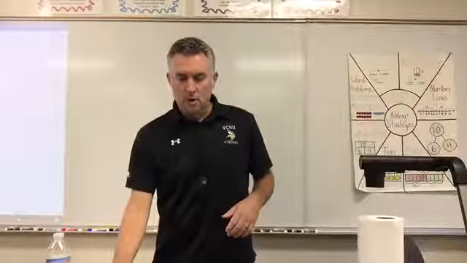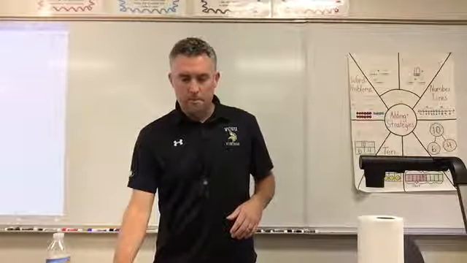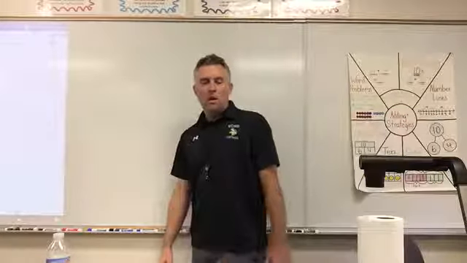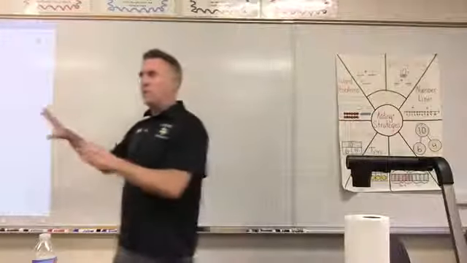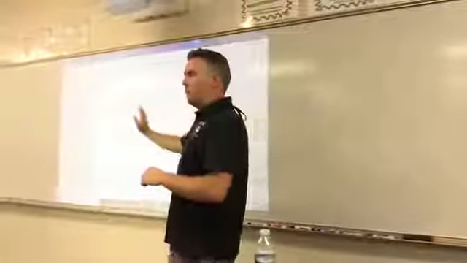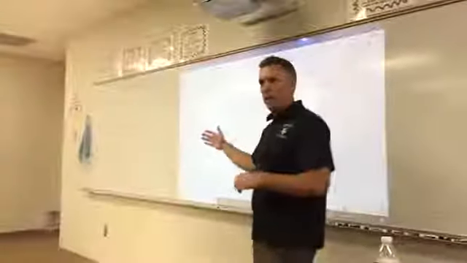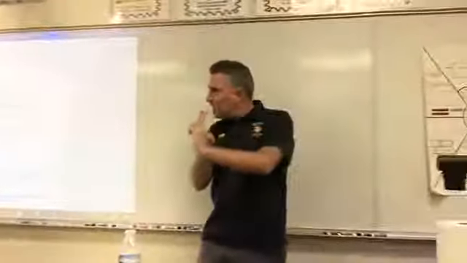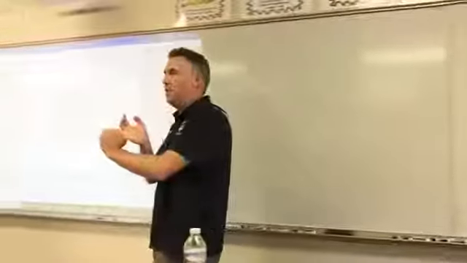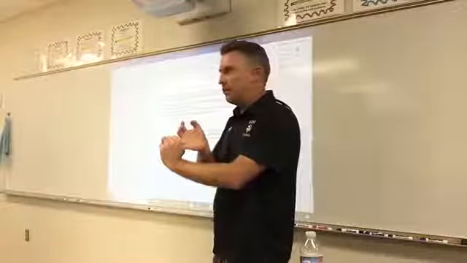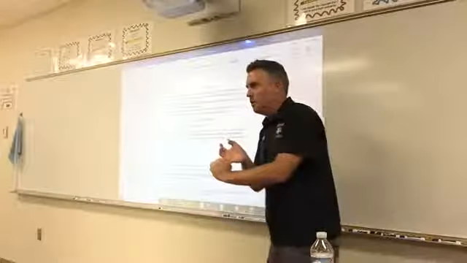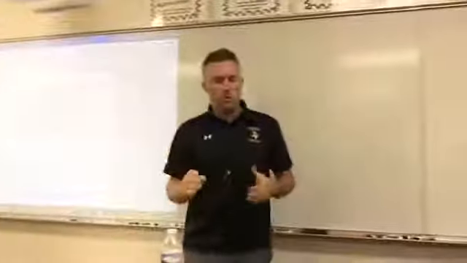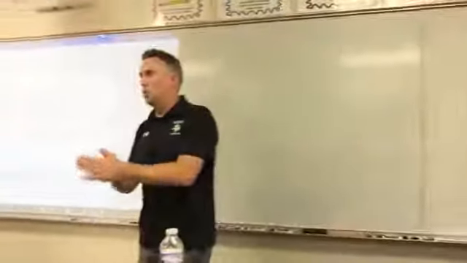So what we're going to do is you're going to make a scatter plot just like I made with the number of absences and the grade. But your scatter plot, each dot is not going to be a student. Each dot is going to be a used car that you found for sale online on cars.com or something like that. Okay?